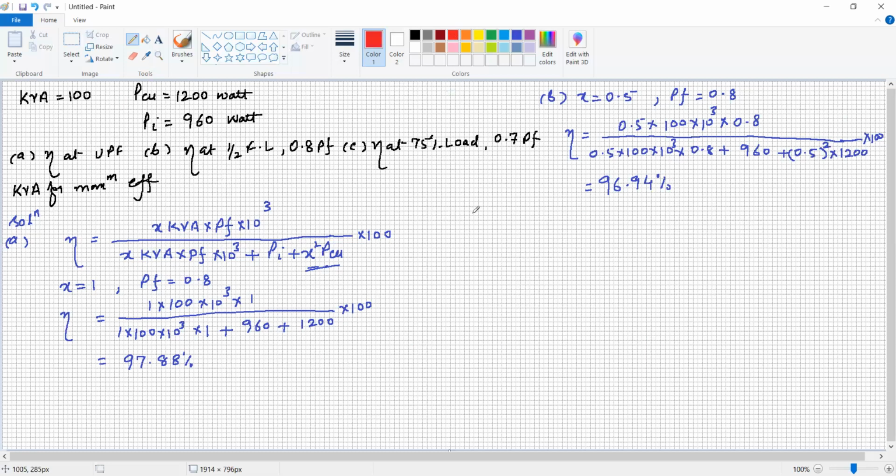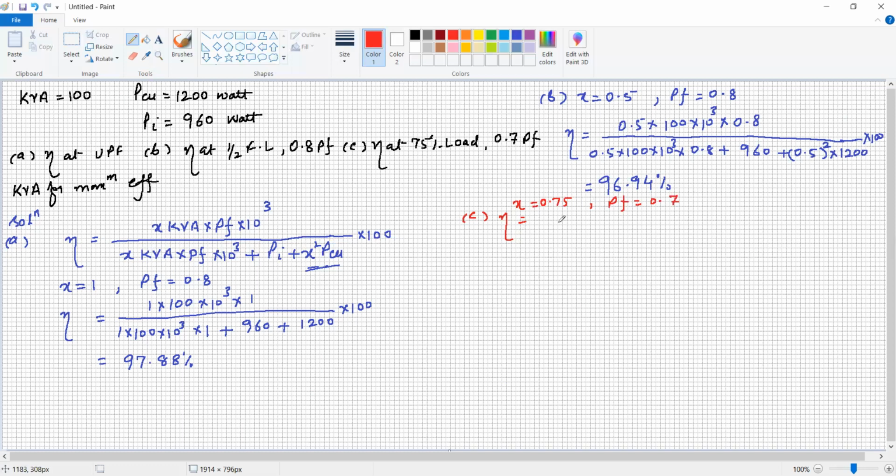Now C point: efficiency at 75% load, 0.7 power factor, lag or lead, it doesn't matter. Here X is 0.75 and the power factor is 0.7.